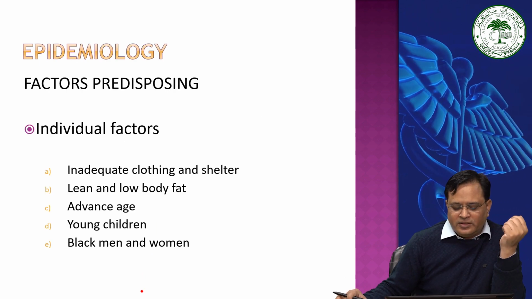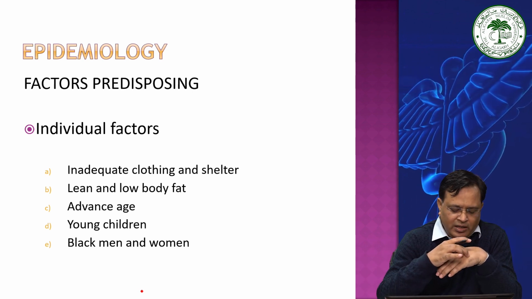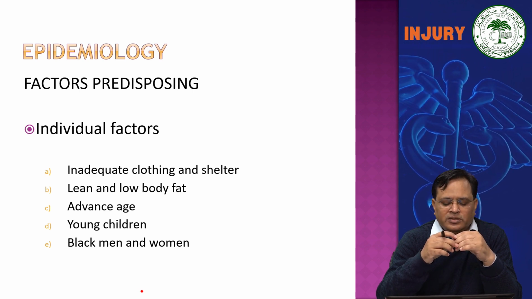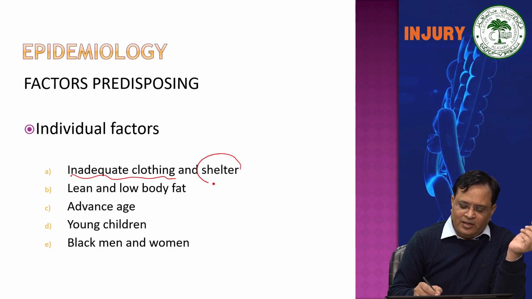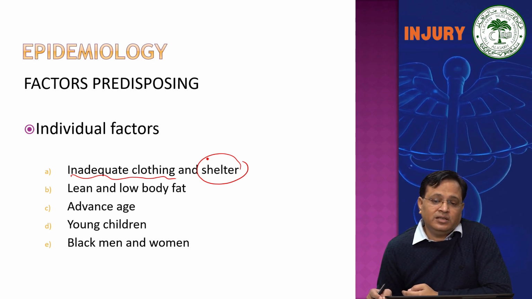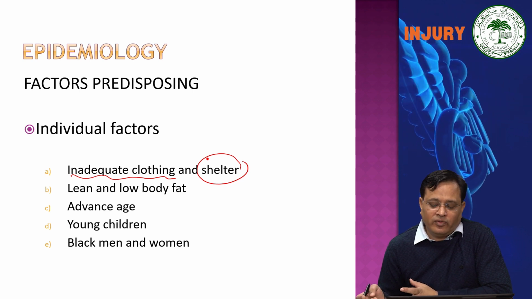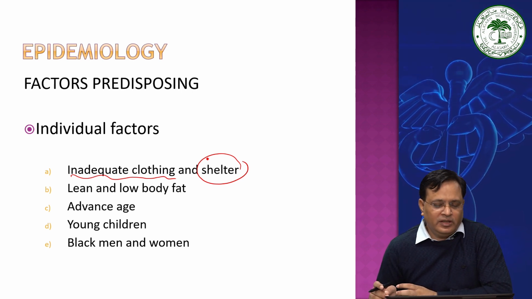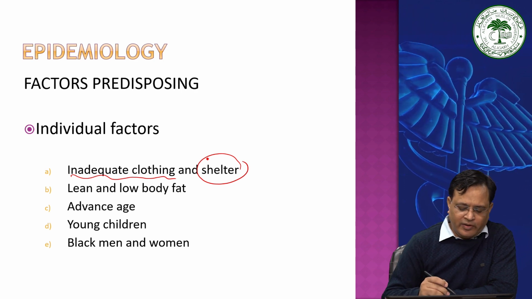As far as the various factors are concerned, individual factors that may subject a person to cold conditions and hypothermia include inadequate clothing, which is the most important. Then sheltering: in our local areas, the government develops night shelters with wood fires to keep people warm, and we distribute blankets for covering the body.